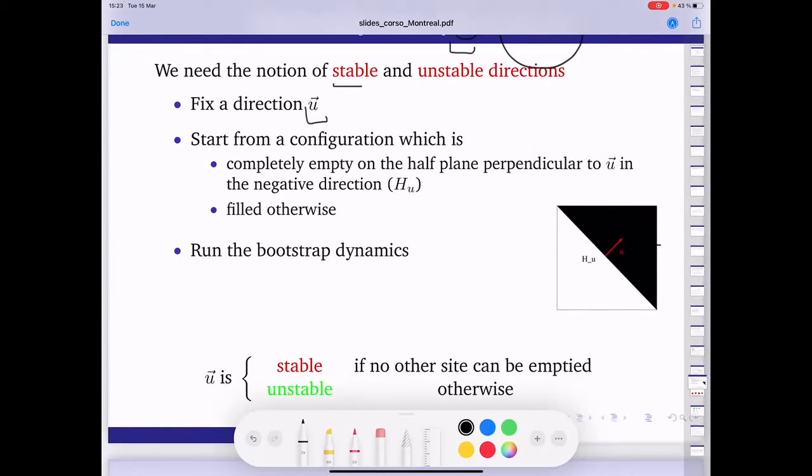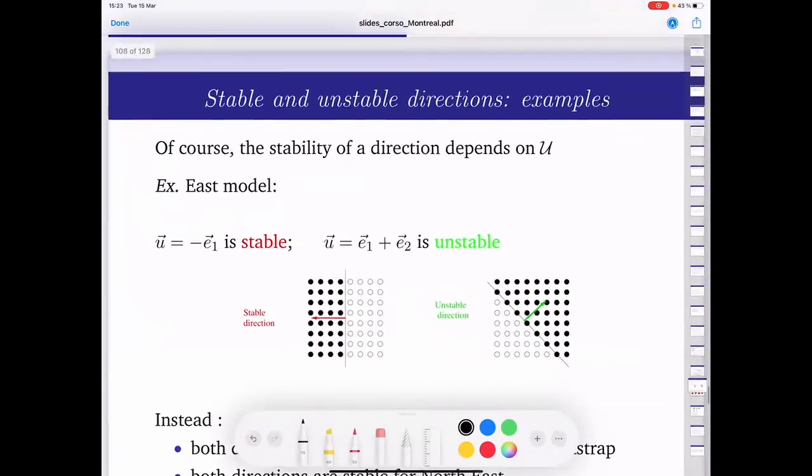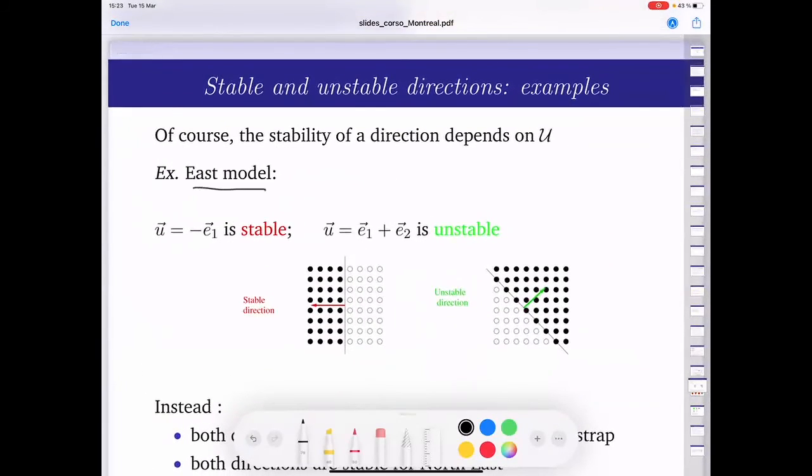Everything here in the occupied part belongs to a blocked cluster, or unstable, meaning that some sites can be empty. Okay, so examples immediately to understand this stable and unstable direction. East model, East model in 2 dimensions, is the case in which, in order to update a site, I go and look to my neighbor to the right and to my neighbor above, and at least one of the 2 should be empty.